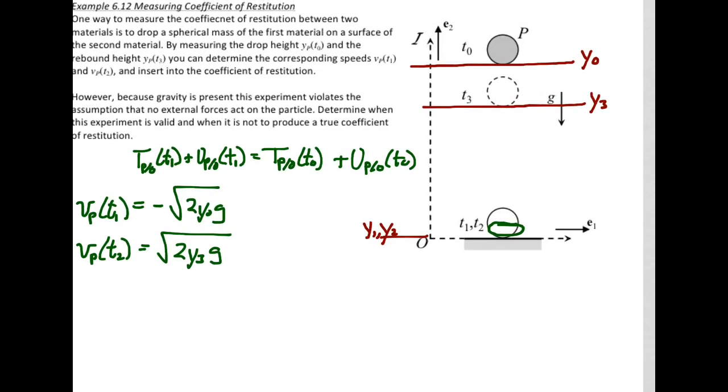Our signs come from our collision frame, which we haven't defined. Our collision frame is along the path in which we need to have an e sub n, positive in the positive y direction, and then e sub t is e sub 3, pointed out of the page, crossed with e sub n.